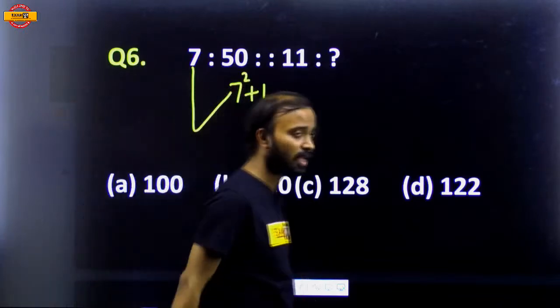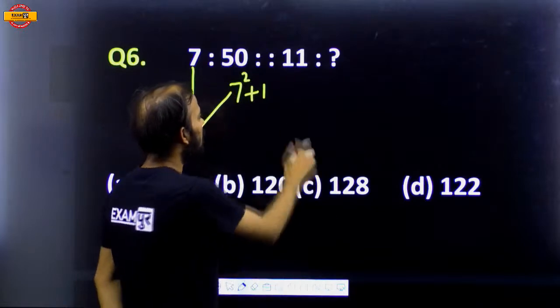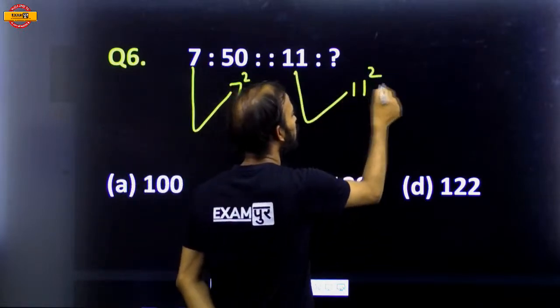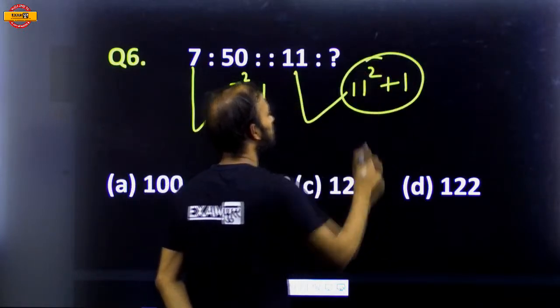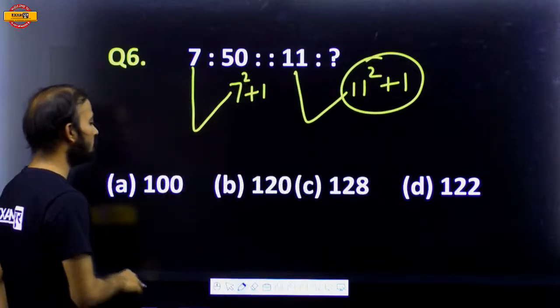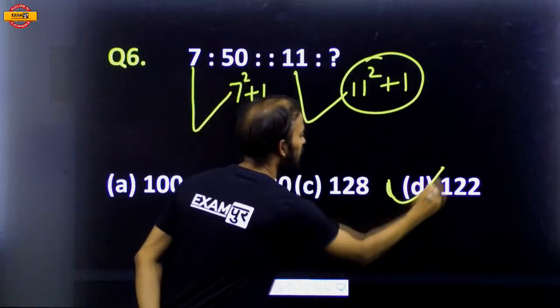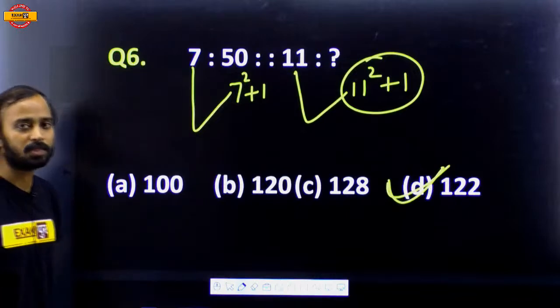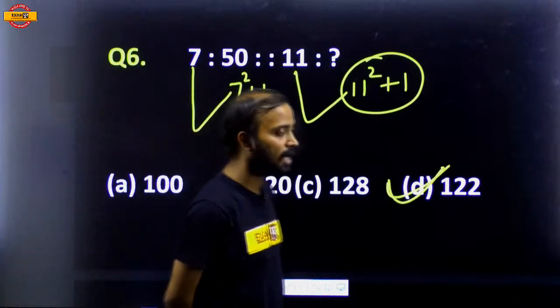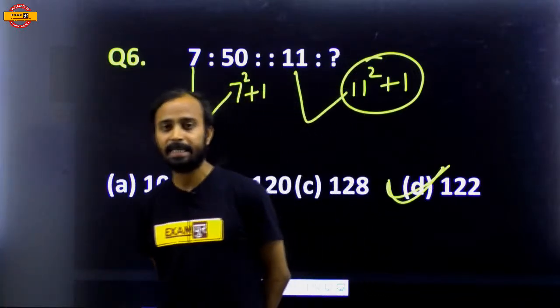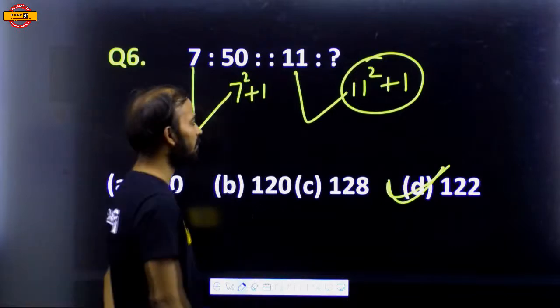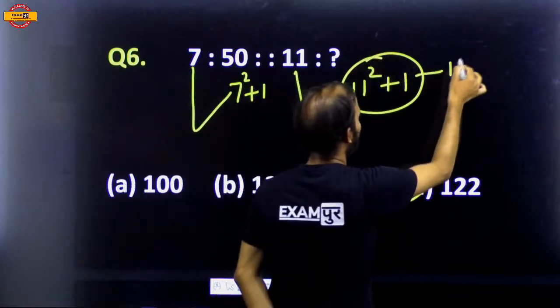Obviously everyone can do it like that. And 11 square plus 1, what will be the answer? 11 square plus 1 is 122. So option D will be the answer. In the given options, option D will be the answer because 122 is in option D. 11 square plus 1 is 122.